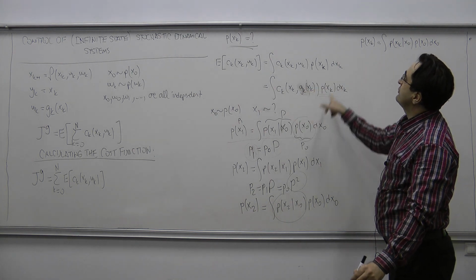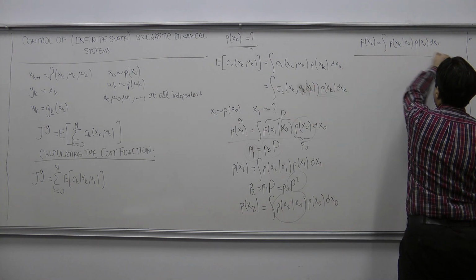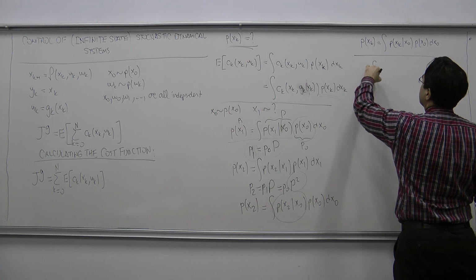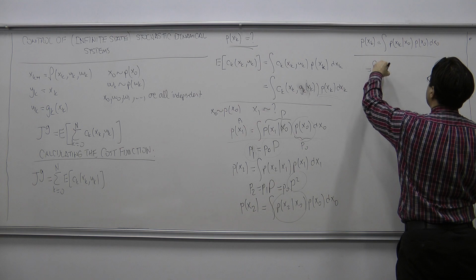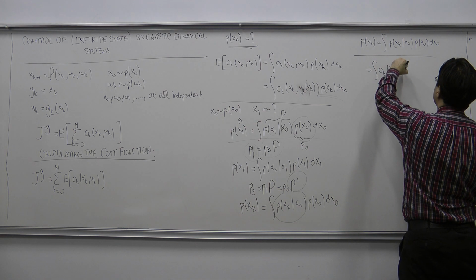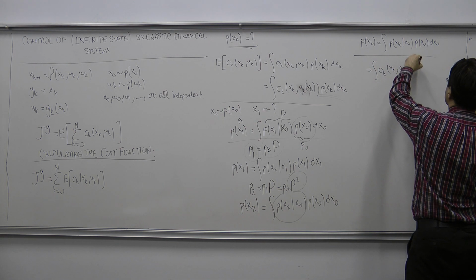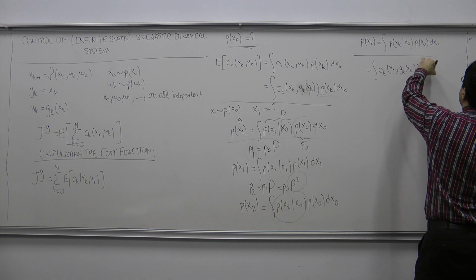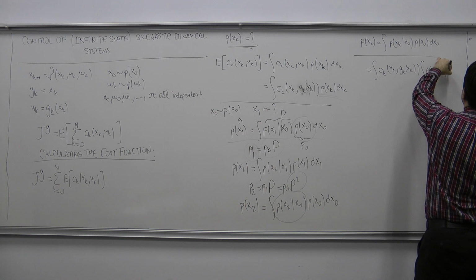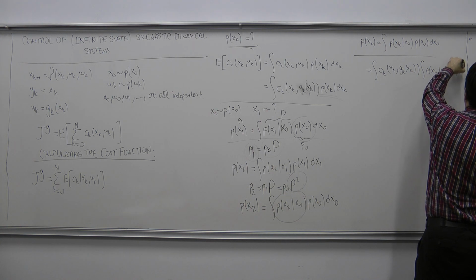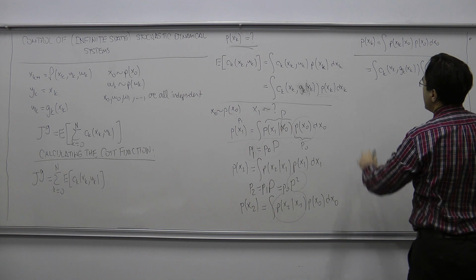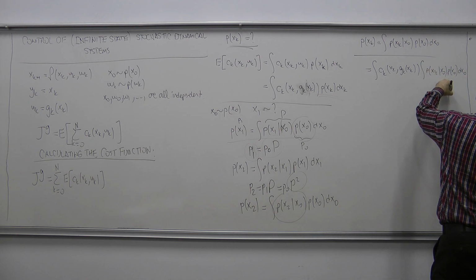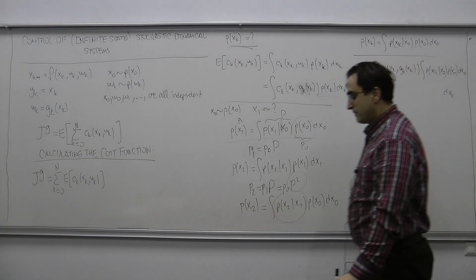If I substitute this into that integral, then I would get the following result: the integral of ck xk gk xk, and then inside it comes the integral of P of xk given x0, P of x0 dx0, and then I have my integral with respect to dxk. Okay?